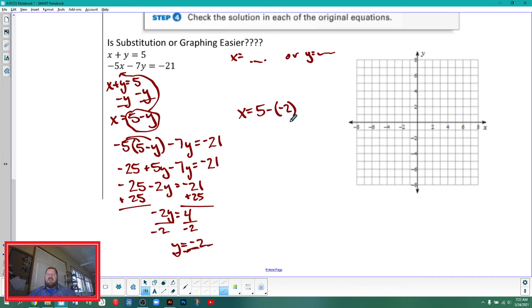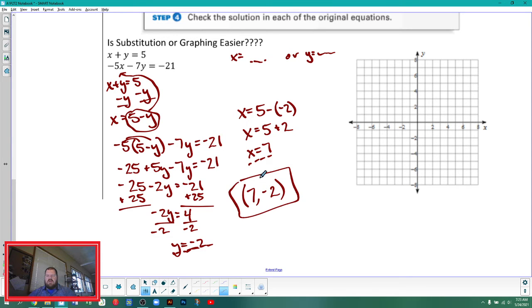When I plug things in, I like to put them in parentheses so I know that that's what I'm plugging in. And if I make a mistake, I can always go back and look where I did that and see if everything's good. So here I get x is equal to 7. So we get these two lines intersect at 7, -2. And that was kind of a harder problem.